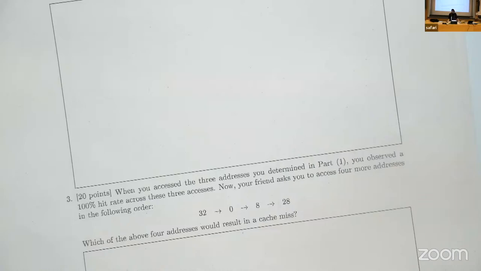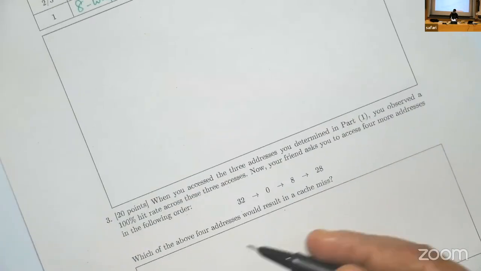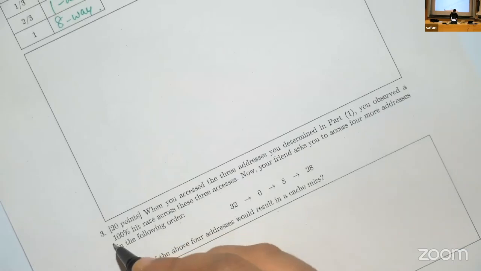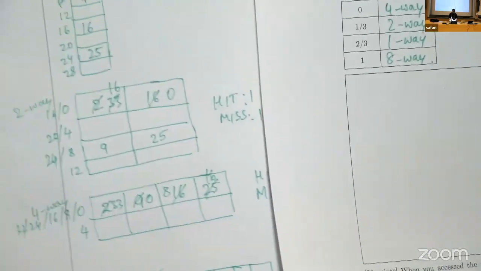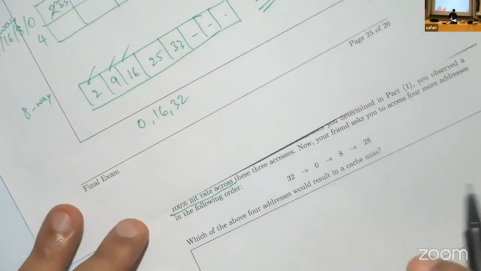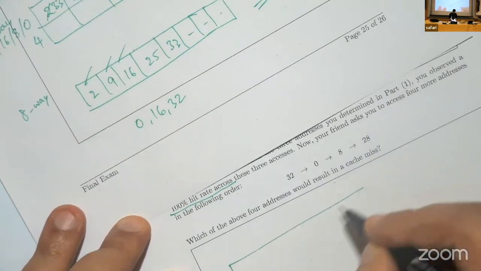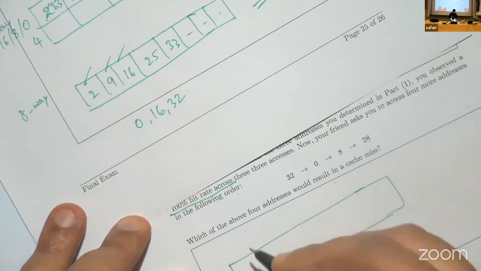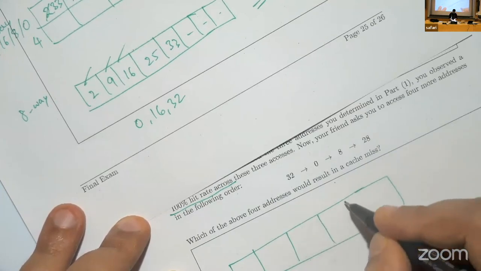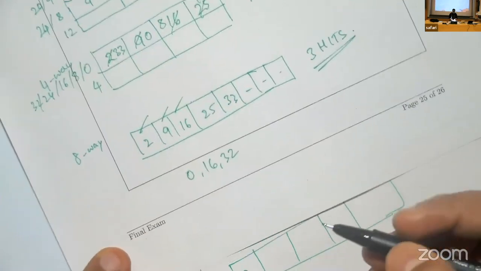The key part of this question is that we are given this 100% hit rate information, and we only get 100% hit rate in the 8-way solution. So if I redraw the 8-way, the state of the cache after the last 3 accesses.